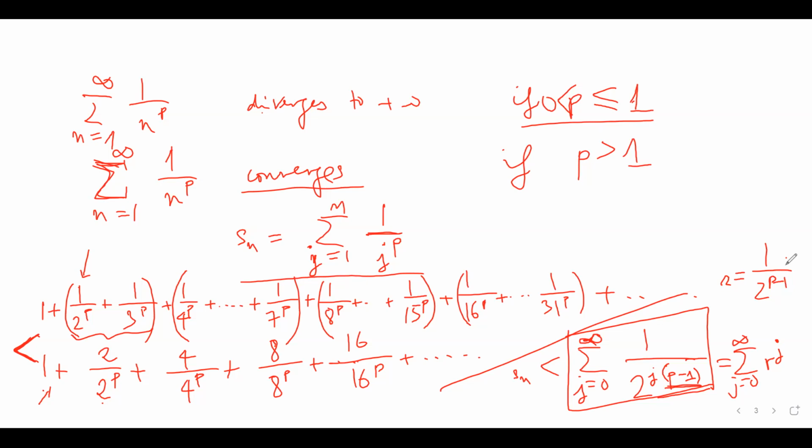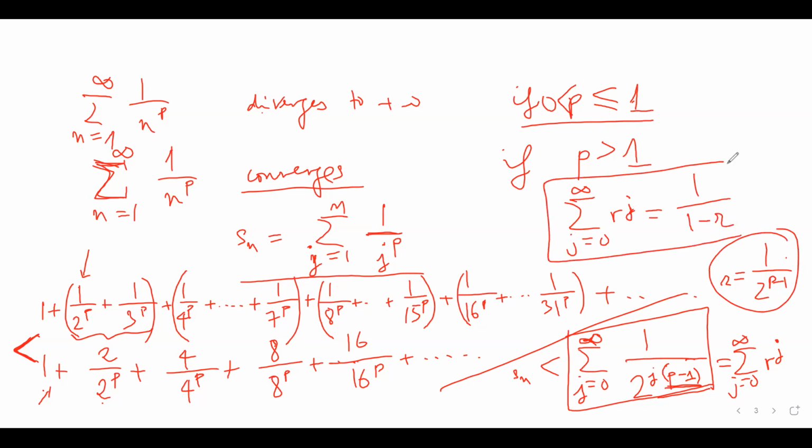And in fact, we will see, maybe we do this next time, that this series converges. This is something called the geometric series, and the value of this series, as long as r is less than 1, which is the case here, is exactly equal to 1/(1 - r).